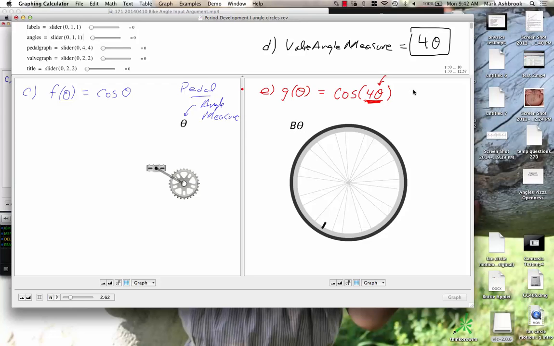But this function is a function of the input of the pedal angle measure. So when we rotate the pedal so much, we're tracking the horizontal position of the valve. But in order for that to happen, our argument into cosine has to be the valve angle, 4 theta. So let's talk about the graph.